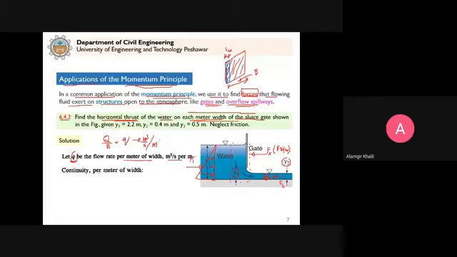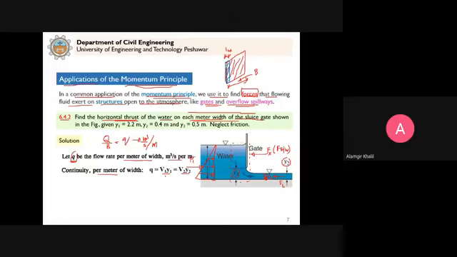Now from continuity, we can write Q is equal to V1 into Y1 equal to V2 into Y2, because it is discharge per unit width. That's why velocity into Y1 into 1, so we just write V1 into Y1. This is cubic meter per second per meter.